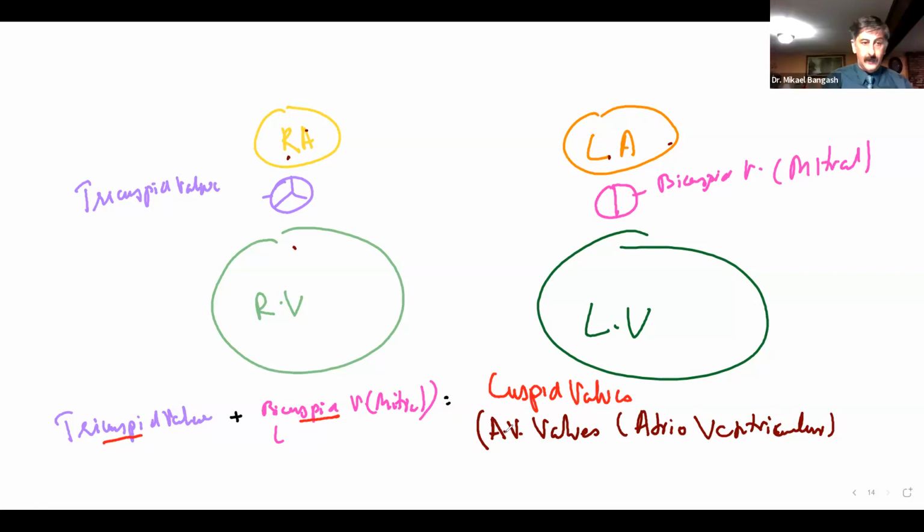Now, on the other hand, we had another set of valves. Here we had the pulmonary valve. And from the aorta, from the left ventricle, we had what we call the aortic valve.